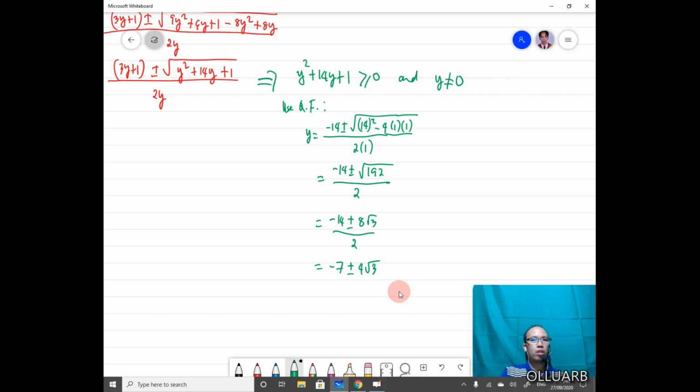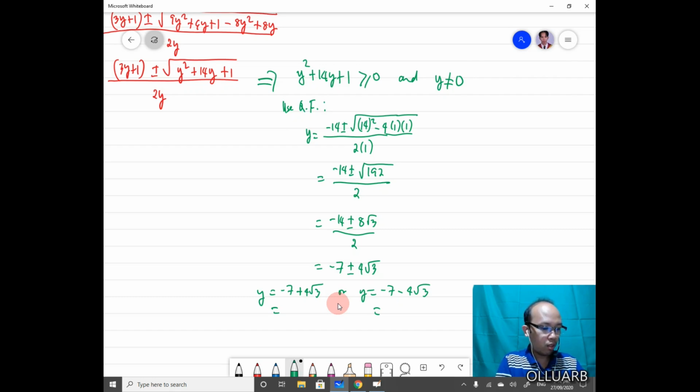So our y values are these: y is equal to negative 7 plus 4 square root of 3, or y is equal to negative 7 minus 4 square root of 3. Let's convert this into decimal form.